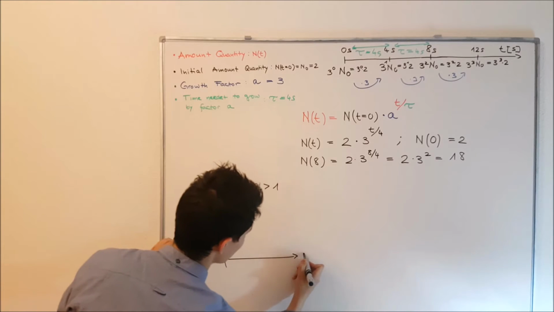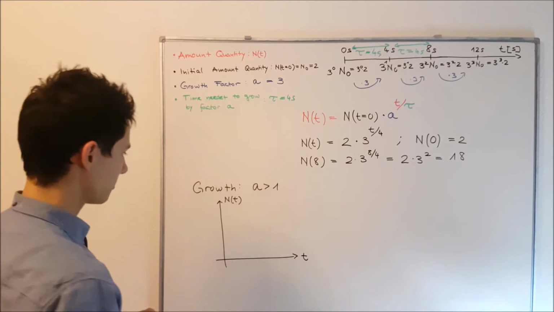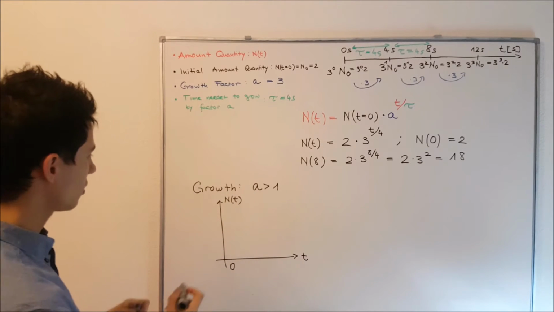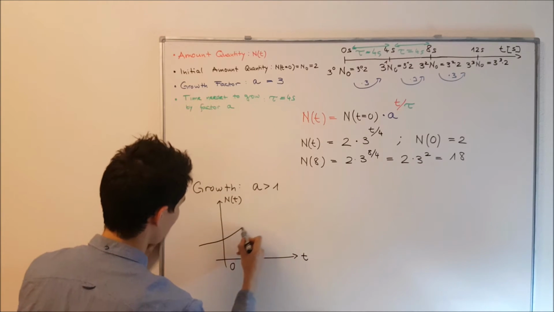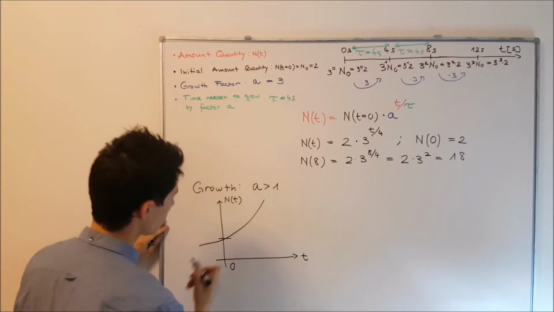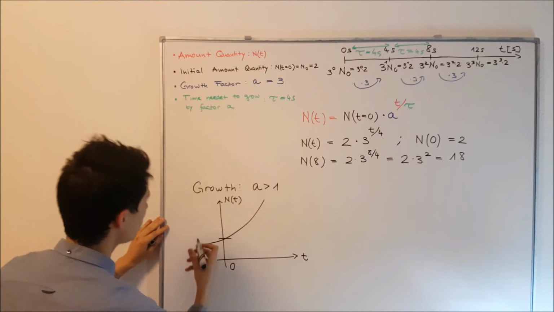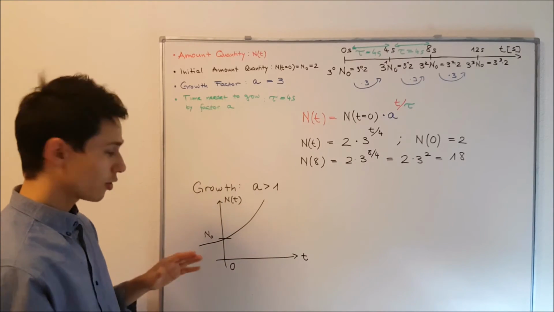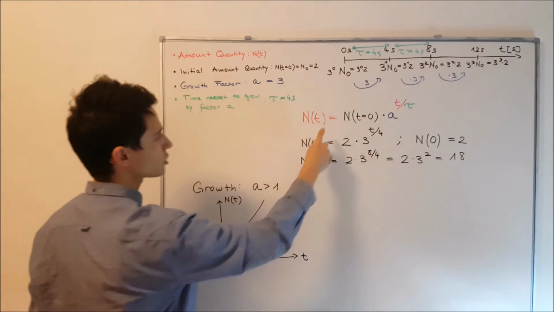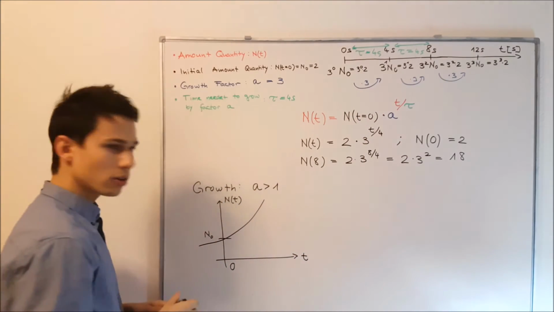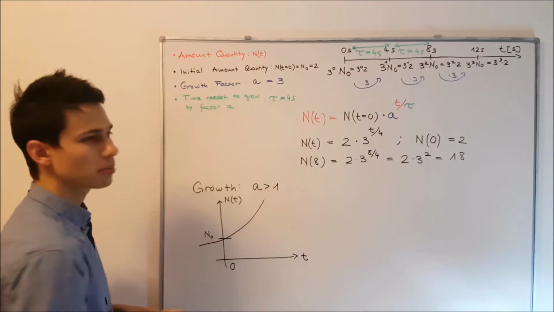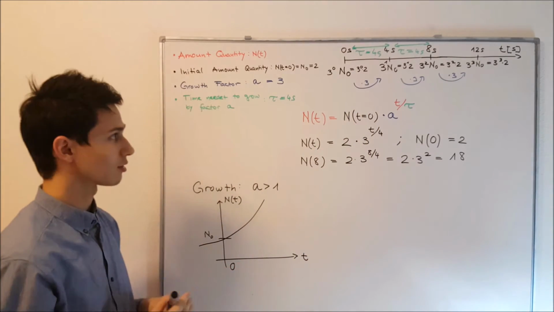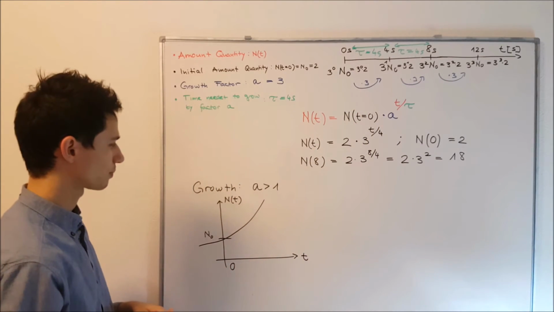Then n of t is dependent on t. This would be the origin. And our function would look approximately like this, where it crosses the y-axis at the value n0, so at the initial amount. And so you have to be careful, these exponential functions here don't cross the y-axis at 1 because you have this additional factor n0 in front of your exponential function.